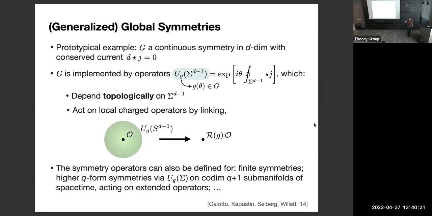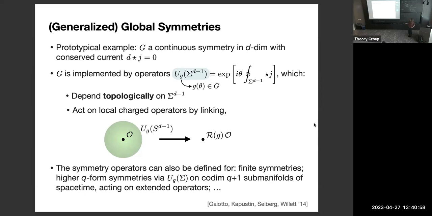So they don't change with small wiggles, as long as I'm not crossing operator insertions that are charged under the symmetry. Then we can understand in this language how to act on local operators that are charged under the global symmetry, and that's by linking with the charged operator.